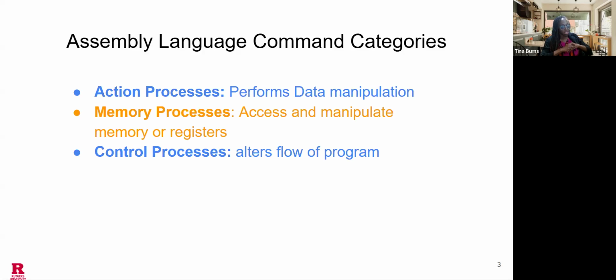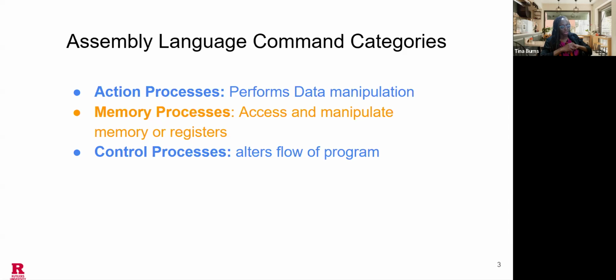The memory process: what do I need to do to access and manipulate information in the memories or registers? That includes loading, storing, moving, and also determining what memory address it's at.